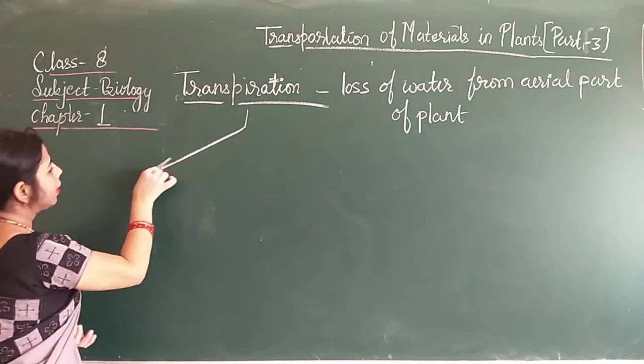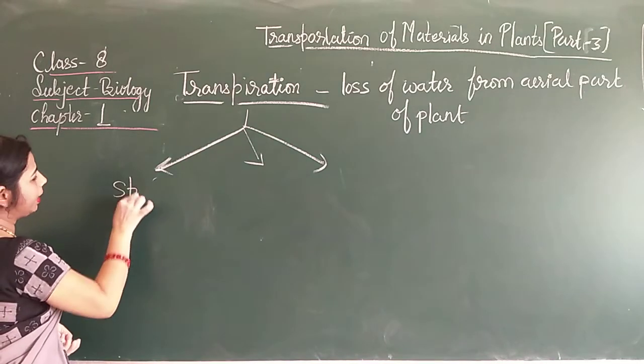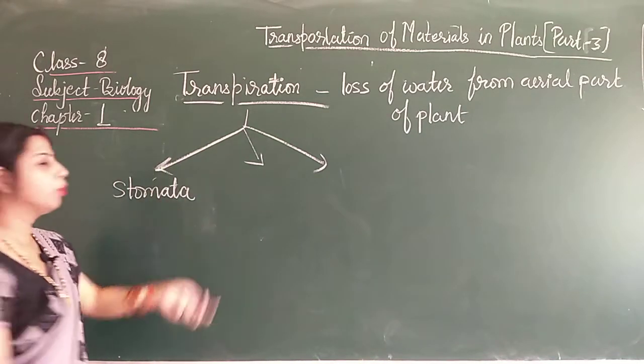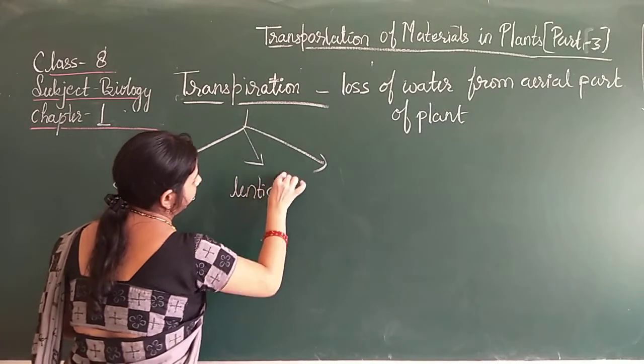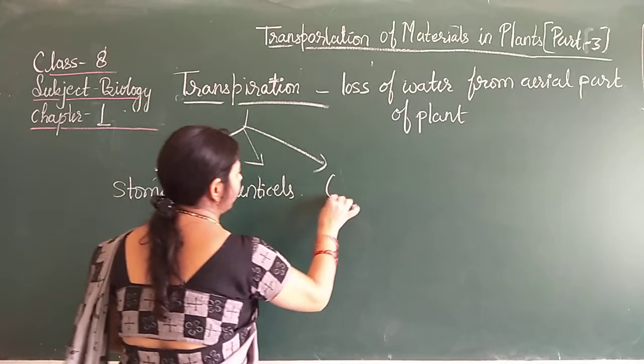Transpiration occurs by three parts of plant. First is through the stomata. Second one is through the lenticels. And the third one is through the cuticle.